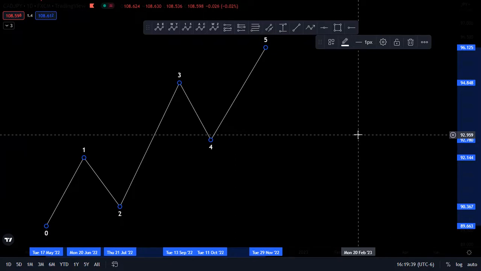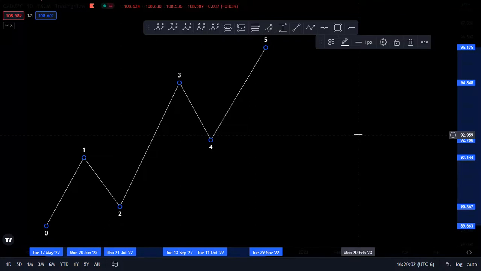So what is a motive mode? A motive mode is a type of wave mode that has a 5 wave structure. By 5 wave structure we mean it's a pattern that has 5 waves.